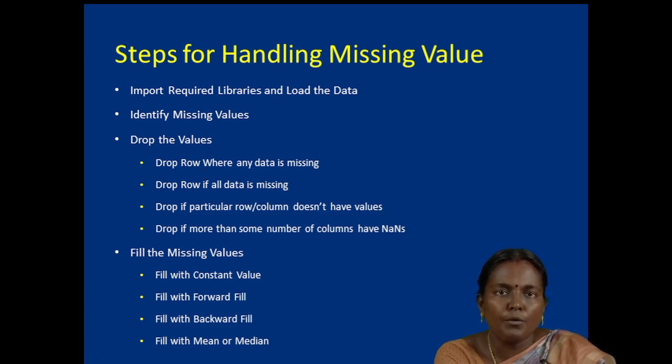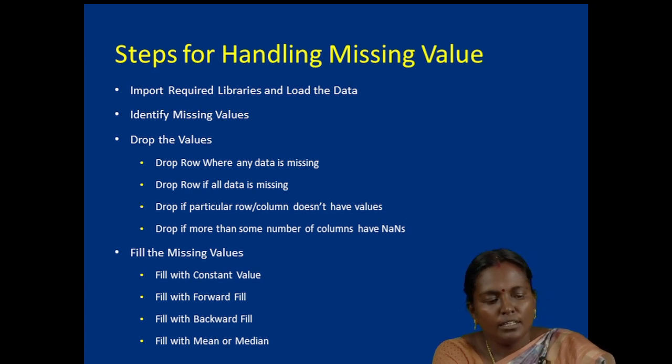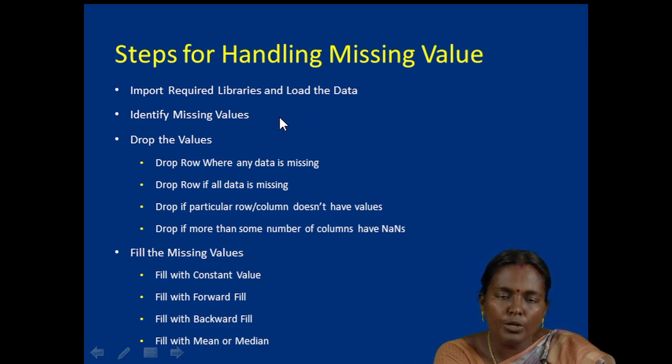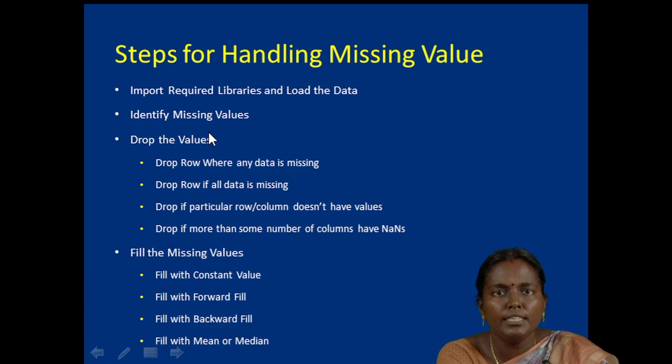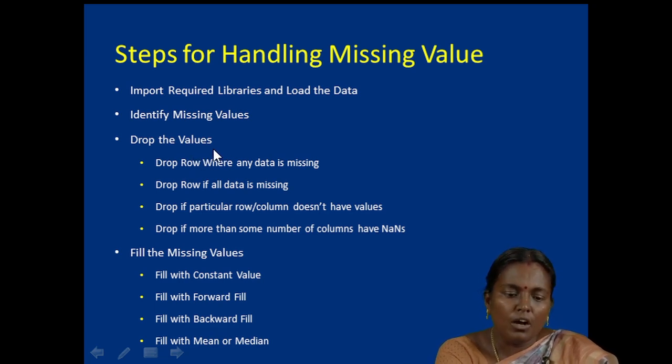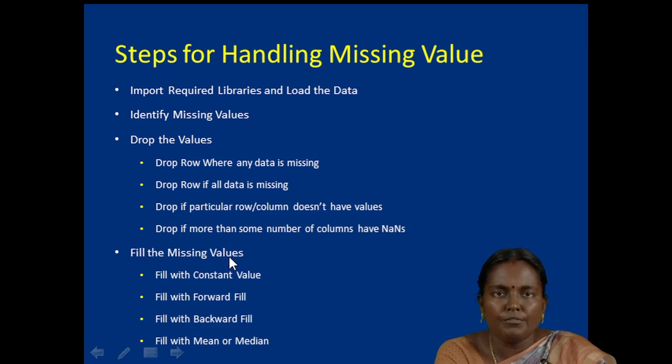So first I have to import the required libraries available for CSV file processing, and then I have to load the data. After loading the data into the Python environment, I have to identify whether this data set has some missing values. Then I have to decide whether I am going to drop the values from the data or fill the missing values.